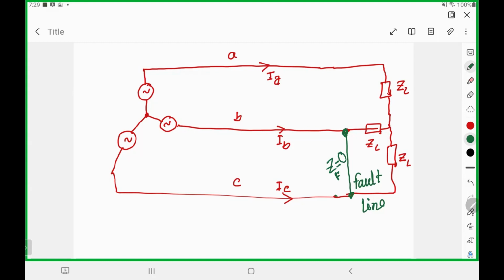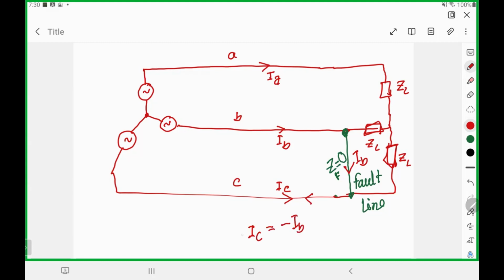We might have some value, but we can ignore. That means I have a zero resistance here, and this red one I have ZL, and this one is also ZL. So what will happen? The IB current may pass directly to this one and may go in this direction. That means my IC will be changed to minus IB.